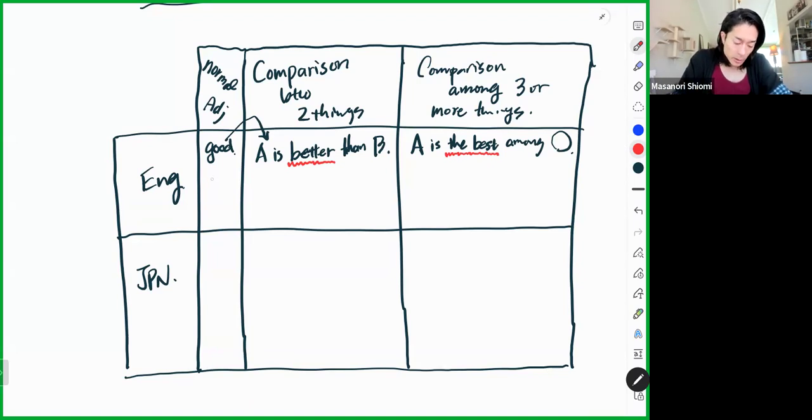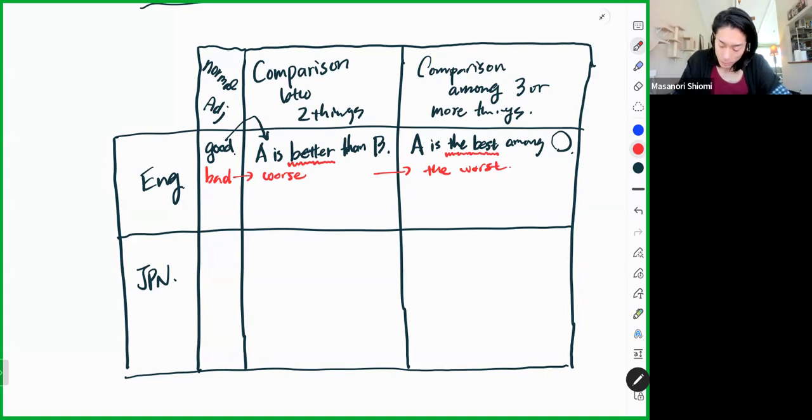This one, when we're comparing three or more things, good is changed to the best. Of course, like in English, depending on the adjectives, we change, for example, the special ones are bad, bad becomes worse, comparing two things, and then it becomes the worst when we compare among three or more things.